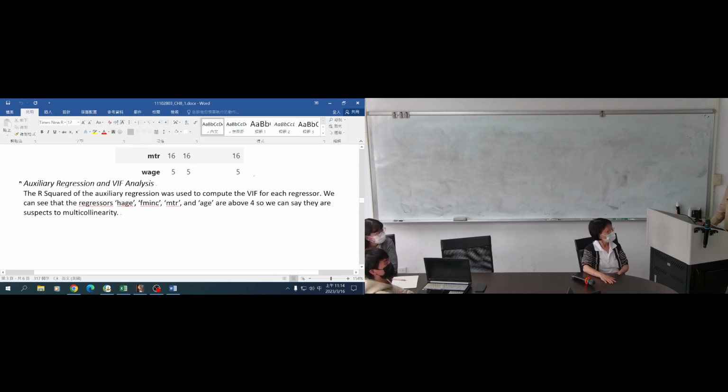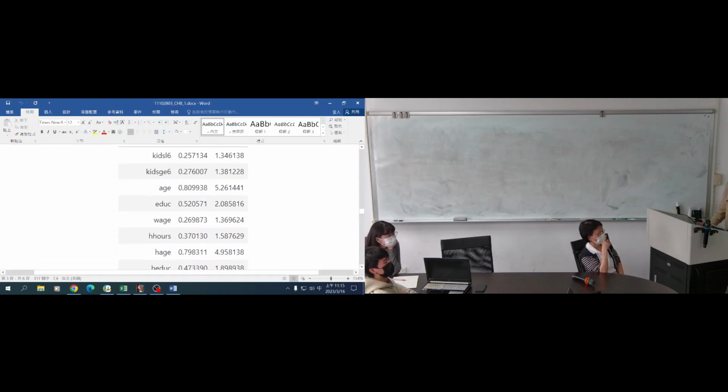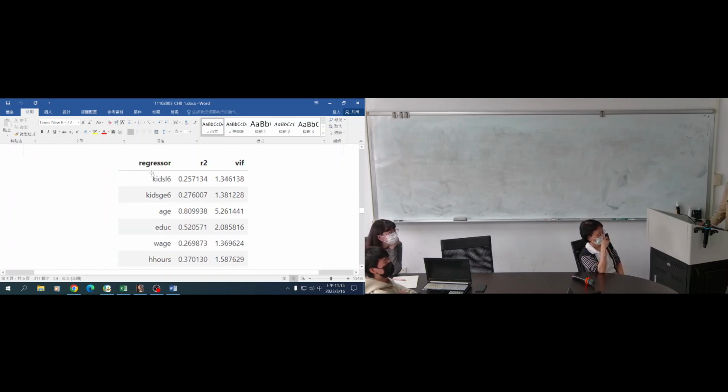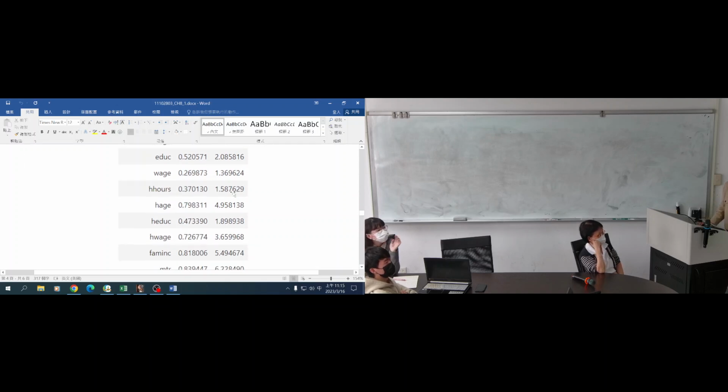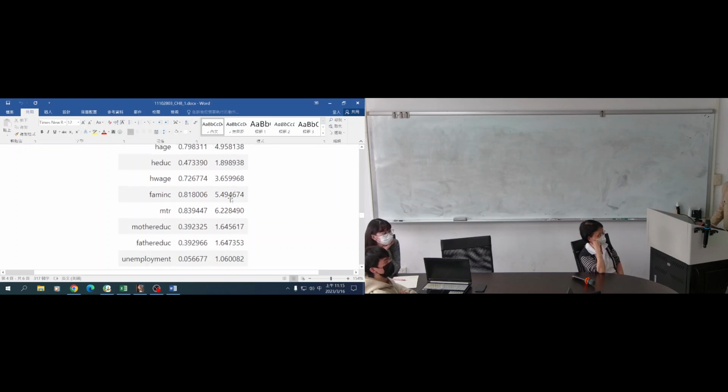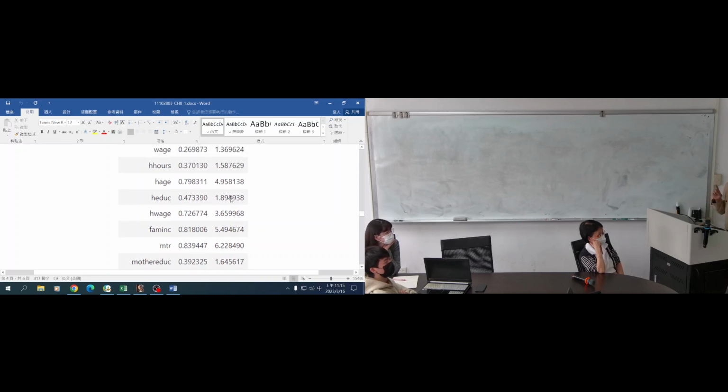Next is the auxiliary regression and the VIF analysis. I combined the two since we used auxiliary regression to compute the VIF. So this is the result. When we use this regressor as an independent variable, this is the R squared, and then this is the computed VIF. We can see here, actually my threshold is 4.